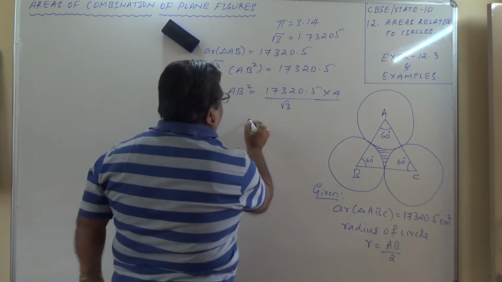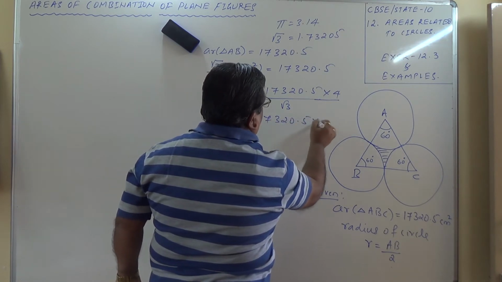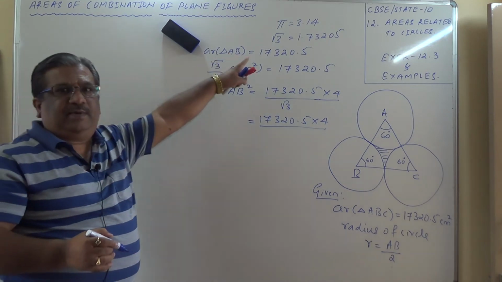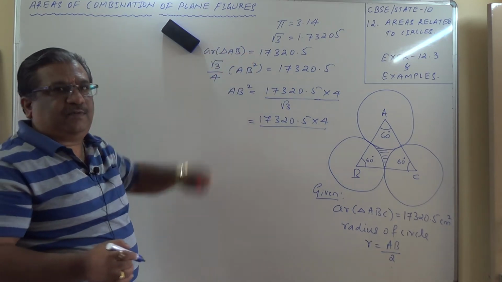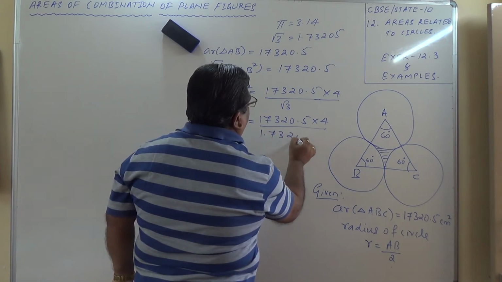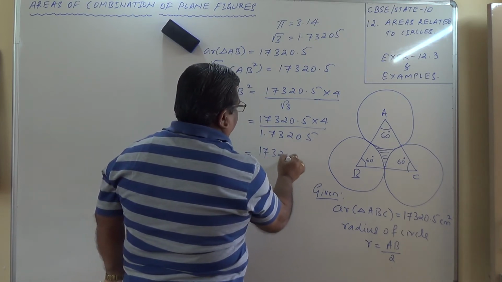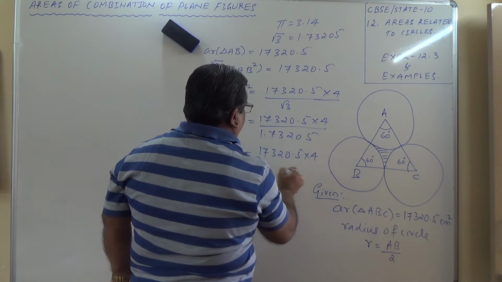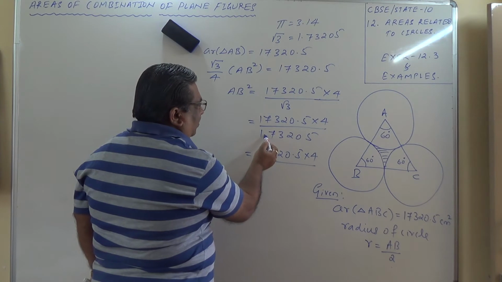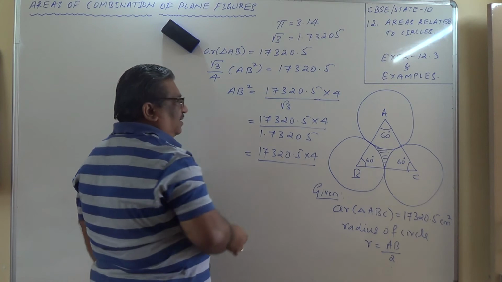Now this is equal to 17320.5 into 4, the whole divided by root 3. What is the value of root 3? 1.73205, which is equal to 17320.5 into 4 divided by, see here, I'll shift this decimal place to here, that is 4 places.